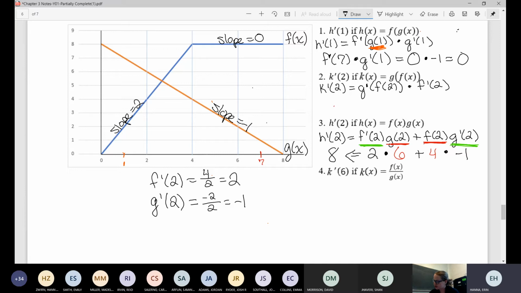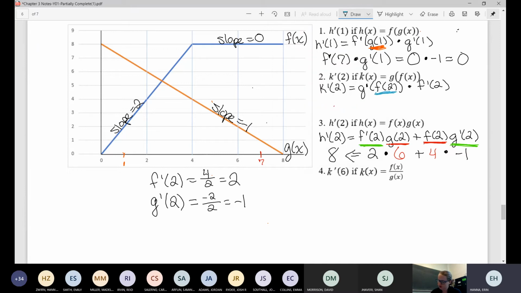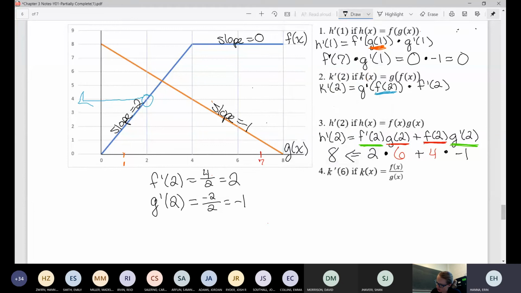Whenever you have a composition, you have to work inside out. So we have to find f of 2 first. What is the y value of the function f at 2? That y value is 4. So we have g prime of 4 times f prime of 2. G prime of 4, what is the slope of g at 4?